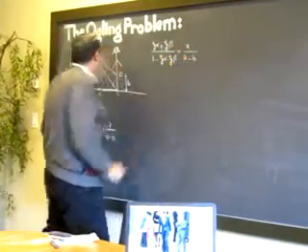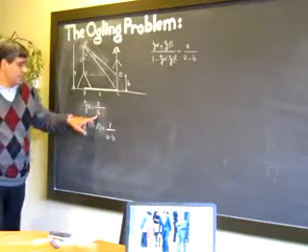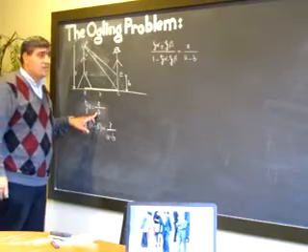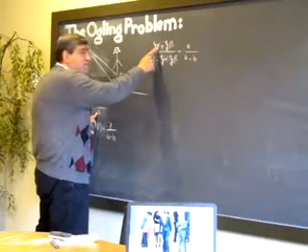Now, tangent alpha equals x over A, and I substitute x over A instead of tangent alpha in this formula.